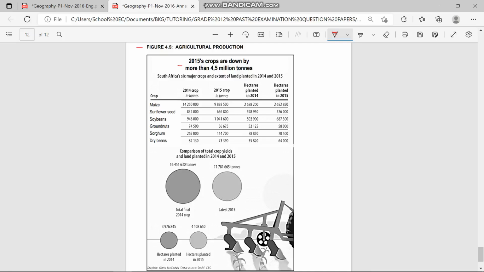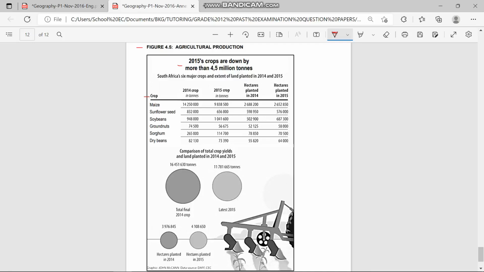We have maize, sunflower seed, soya beans, groundnuts, sorghum, and dry beans, with the number of tons produced in 2014 and 2015 for each crop, as well as the hectares planted in 2014 and 2015.